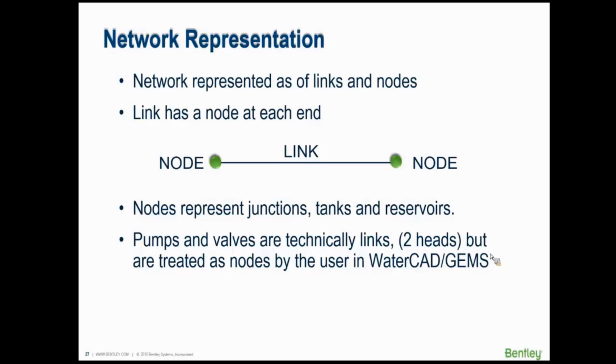Hydraulically, they're links, but the way they're represented in the model, they're nodes because they are really points. Some computer models treat pumps as links, which in some ways is good, but in some ways is really bad because they don't look like pumps when you do it that way. So in our models, pumps are point features, and so are control valves or isolation valves as well.